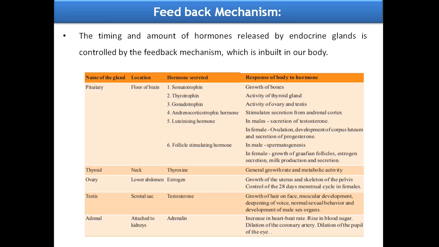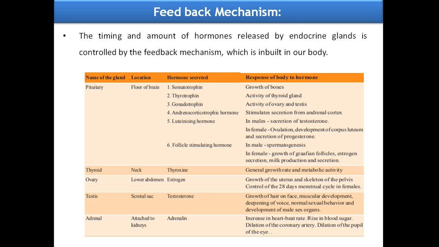Coming to the ovary, which is located in the lower abdomen, the hormone secreted is estrogen, responsible for the growth of the uterus and skeleton of the pelvis, and it controls the 28 day menstrual cycle in females.